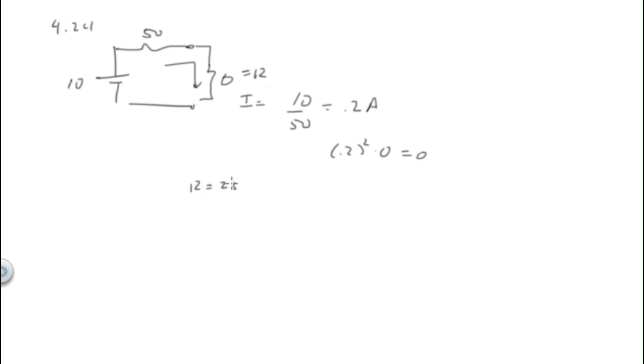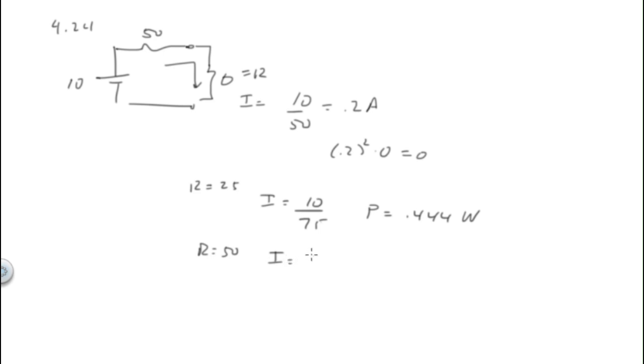R is 25. I is equal to 10 divided by 75, which equals 0.133. Hit the square button, and then times 25. That gives me my output. So the output power is equal to 0.444 watts.